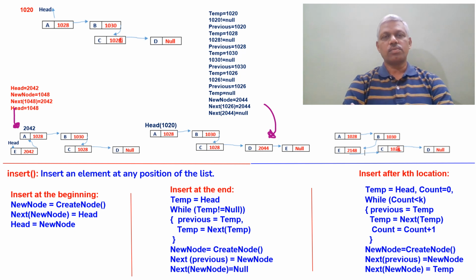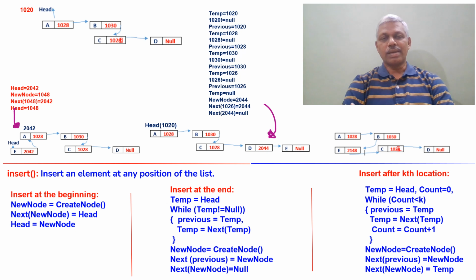for that we need to traverse through the given linked list until we reach the last node. So we start the traversal with the head as temp, and while temp is not equal to null, we keep on traversing through the nodes. Here again, we keep a variable previous which keeps track of the previous node at any point of time.